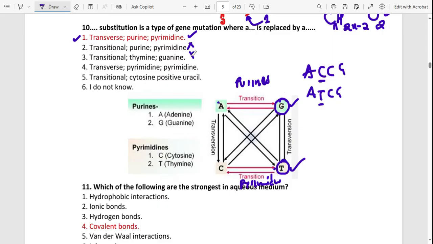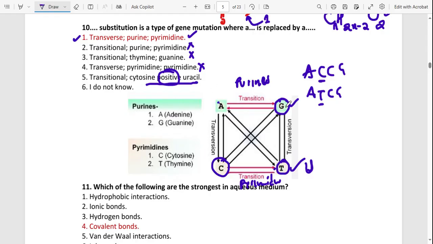That's still transversion. And then transversion is pyrimidine for pyrimidine, that's also not correct, right? Okay. Transition is cytosine positive uracil. Is that correct? Now uracil is also here. Uracil is also a pyrimidine. So what is this one saying? Whatever the positive there is saying, that is not correct.